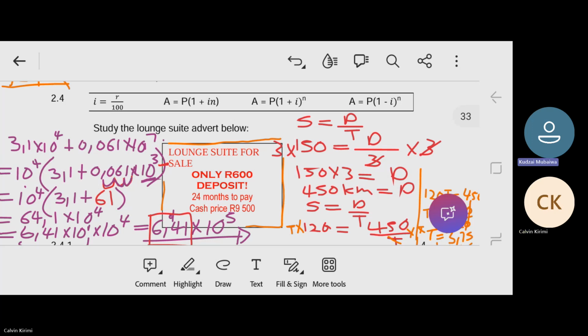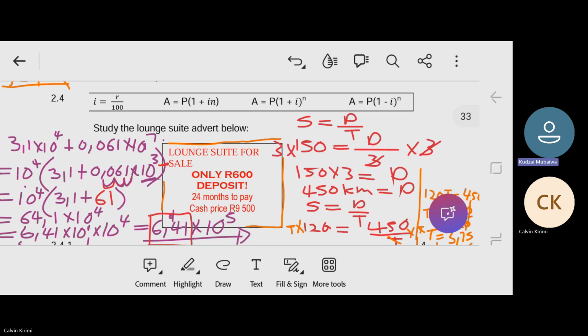So if you want to pay by cash, you are paying 9,500. But if you want to pay on credit, which means you pay a deposit of 600, then you pay for 24 months, the balance.